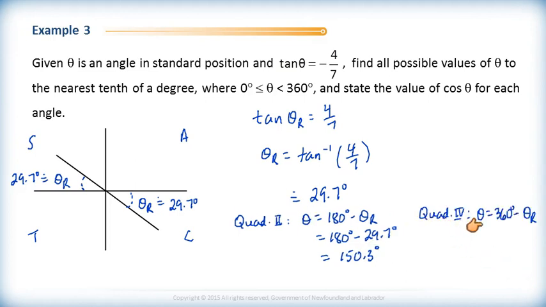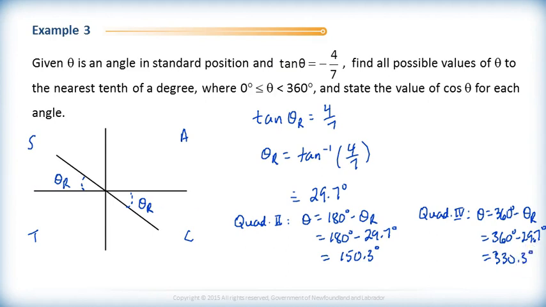Now in quadrant 4, our angle is equal to 360 minus the reference. So we have 360 minus 29.7 degrees, which works out to 330.3 degrees.